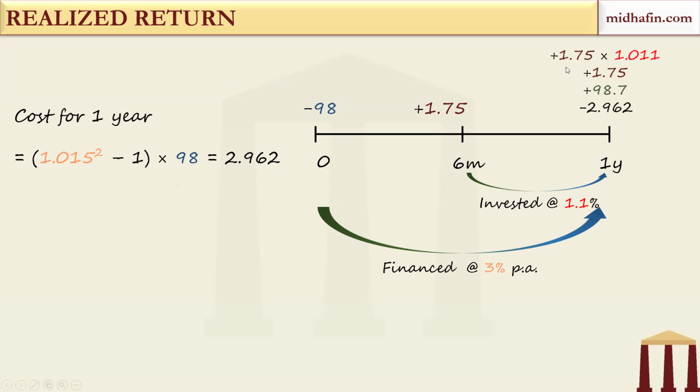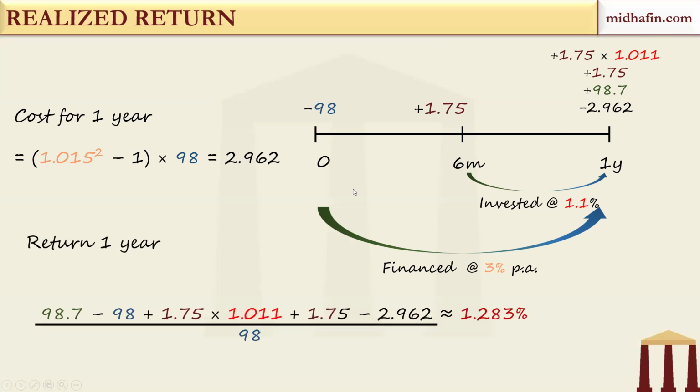Next, let's see the cash flows at 1 year, at the end of the holding period. So I receive this amount, then I receive $1.75, the final coupon. Then I receive the sale proceeds by selling the bond, and then I pay the borrowing cost, that is $2.962. Now, what will be the return? Add all the cash inflows and subtract all the outflows, divided by the initial investment.